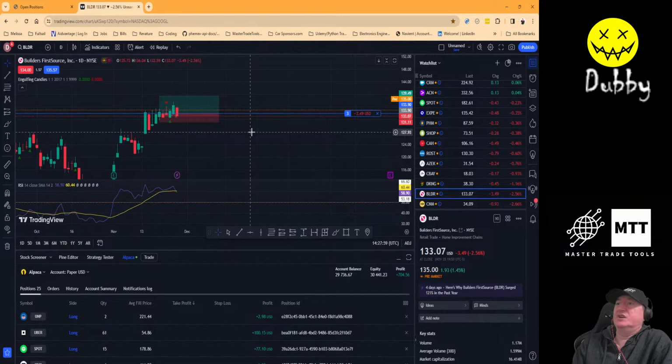So as long as that volume continues, we could see it continue its upward trend. Not to mention, we're also still making higher lows.